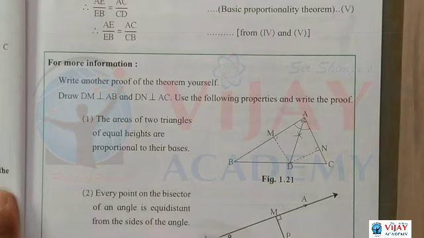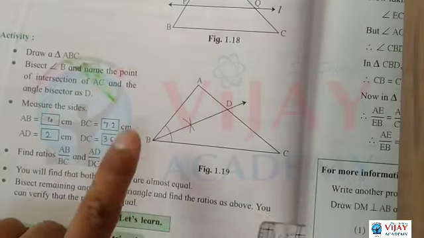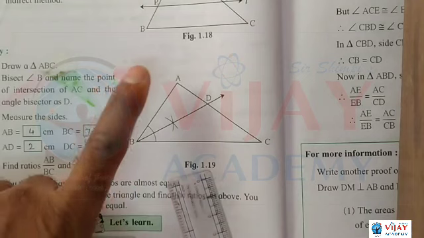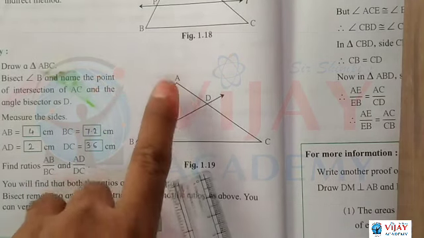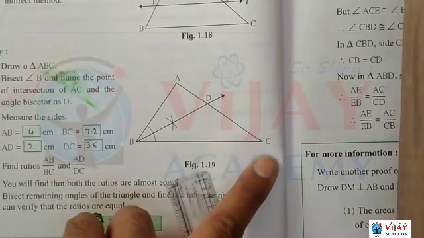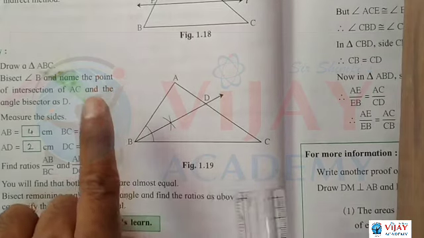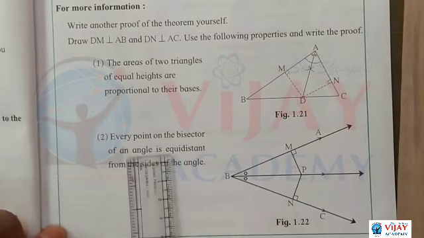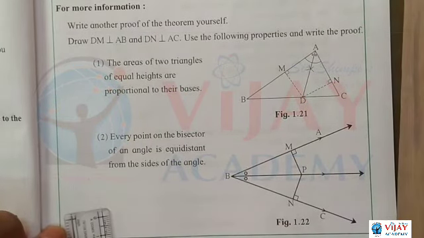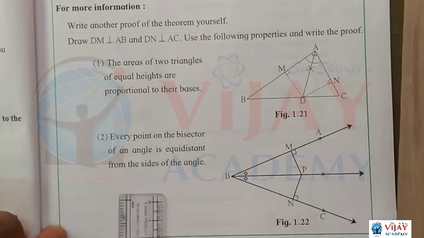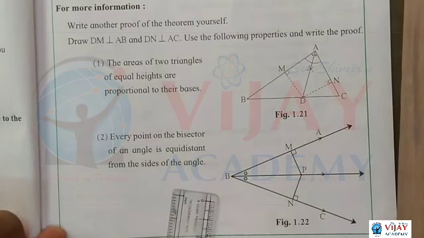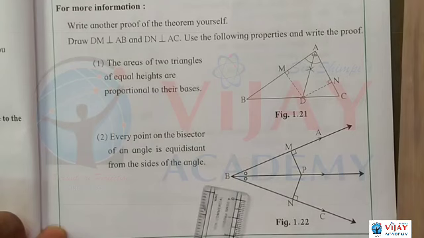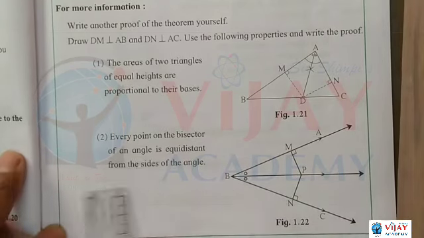So this is the angle bisector property, and this one is the angle bisector theorem, means AB upon BC is equal to AD upon DC. This is the angle bisector theorem, and this one, every point on the angle bisector is equidistant from the arms of that angle, is the property of the angle bisector.